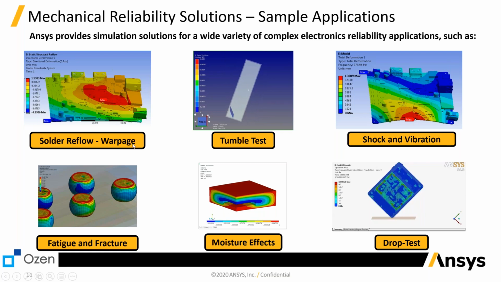You can take a very detailed PCB assembly, or you can do it at package level. Here we are looking at a moisture simulation at package level. And then we can also do the fatigue and fracture calculations. We will talk more about that. The fatigue calculations can be based on viscoplasticity methods, and the fracture can be based on either delamination or fracture itself.